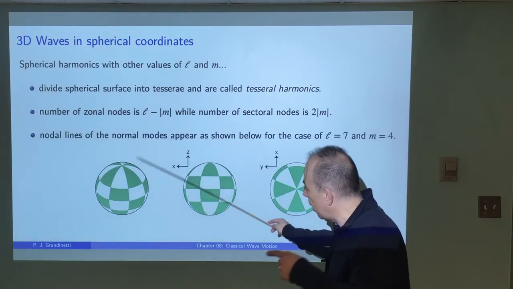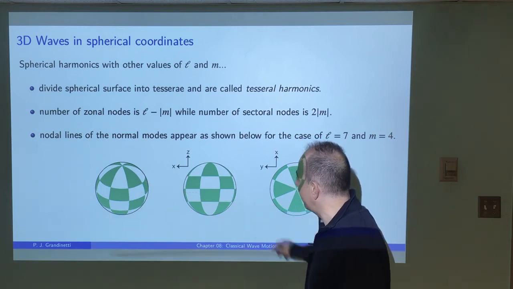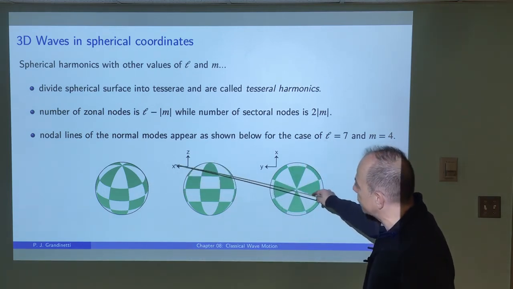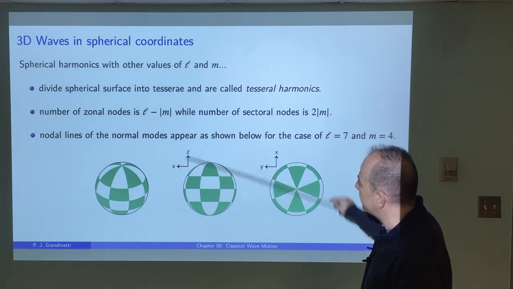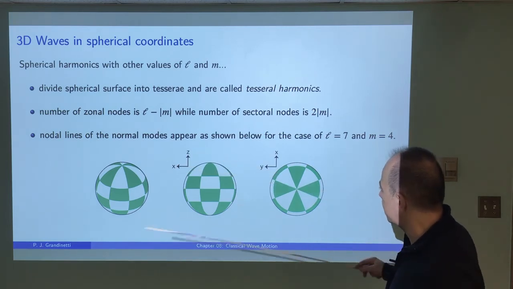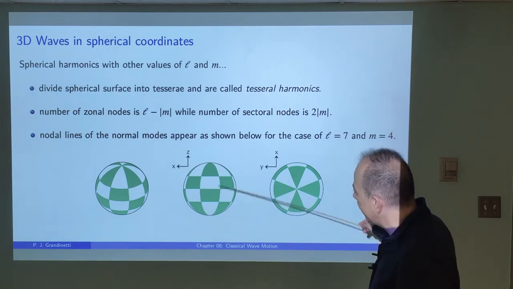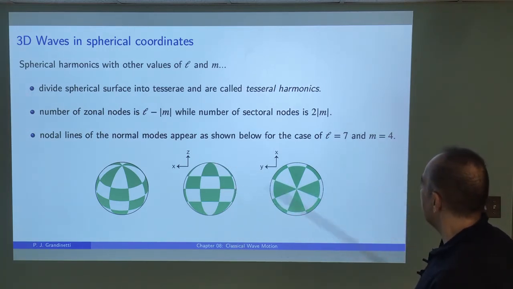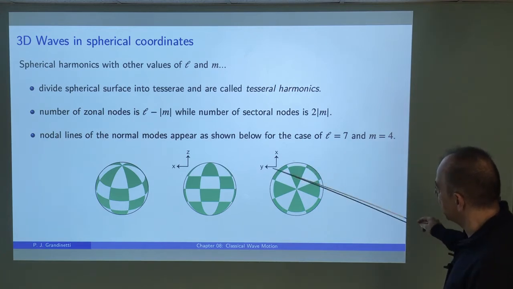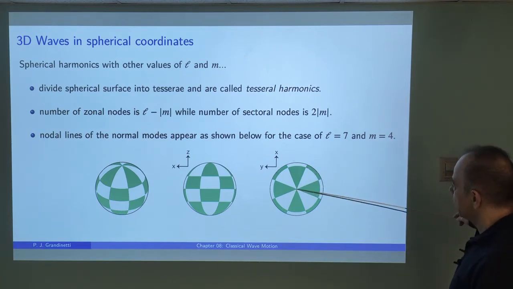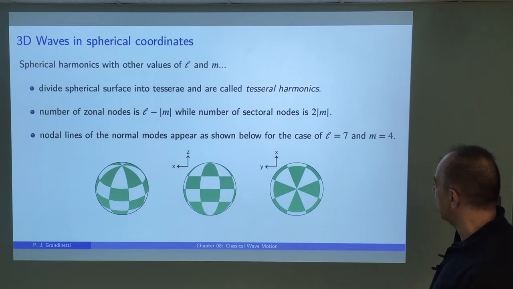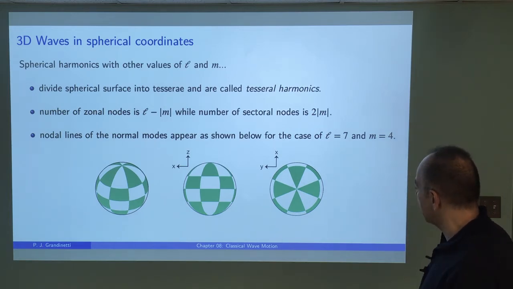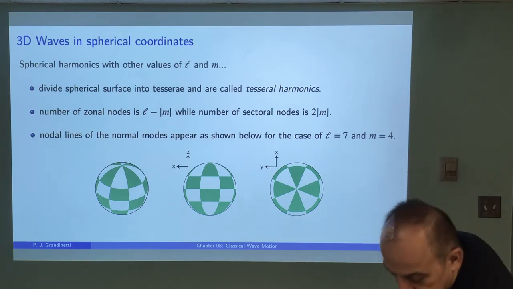So this is an off-angle view of the sphere, but these two images are a couple examples looking in the ZX plane. So this is looking at the equator, so to speak, of a case where L equals 7, m equals 4. And this is looking down from the North Pole onto the spherical harmonic wave function there for L equals 7 and m equals 4. Okay.